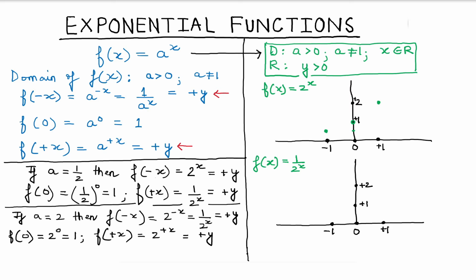Now before we talk about the relevant graph here, let us complete this plotting for the second graph also that we are expected to draw. So in this case, when we put x is equal to minus 1, we get the answer as 2. When we put x is equal to 0, we get the answer as 1.